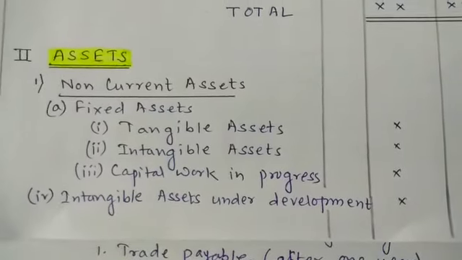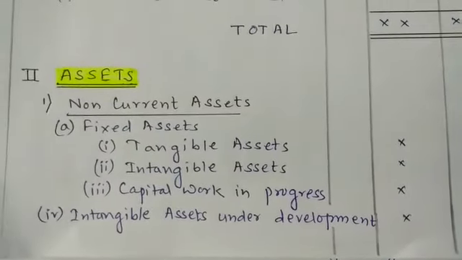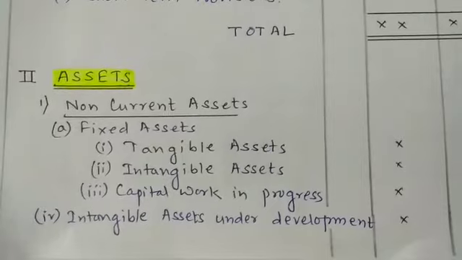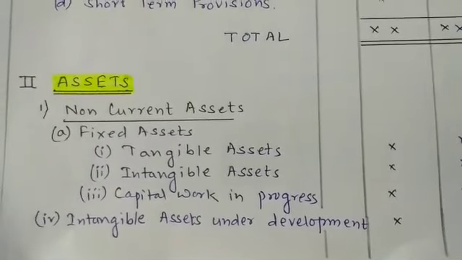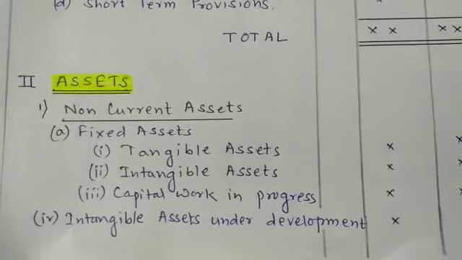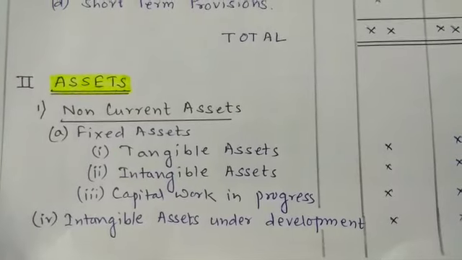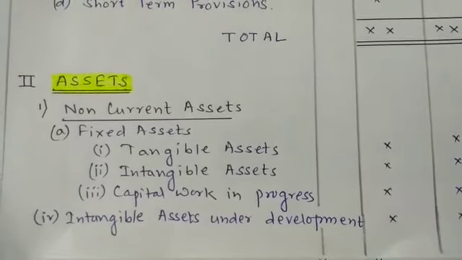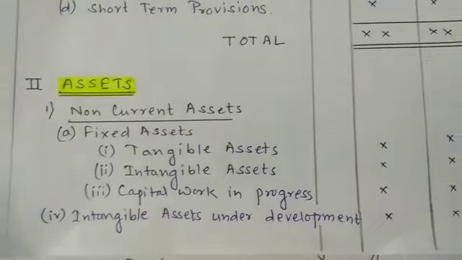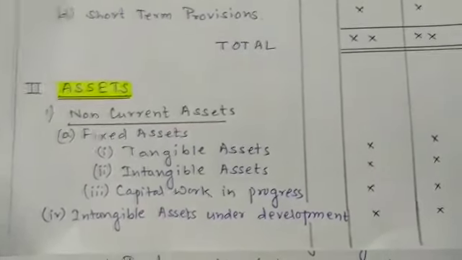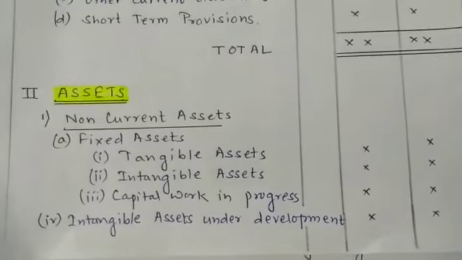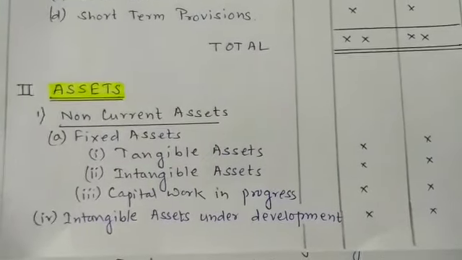The tangible fixed assets are building, machinery, furniture, etc. Whereas intangible fixed assets include goodwill, patents, software, and so on. The third subtitle is capital work in progress. This is nothing but the tangible assets which are under construction.